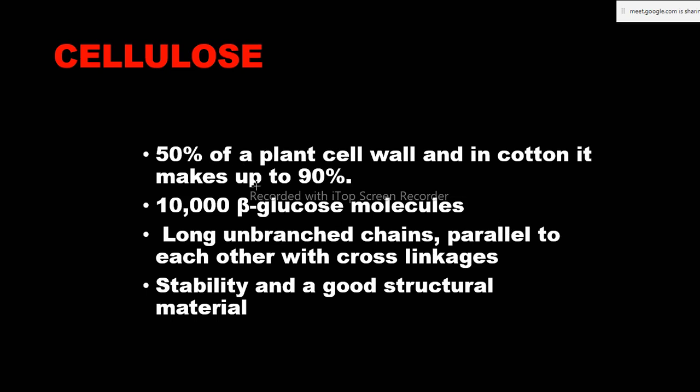And we say that the difference with beta glucose is the OH on carbon number 1. This is O, and this is another carbon. So the OH on carbon number 1 is oriented upwards, and the H is oriented downwards.